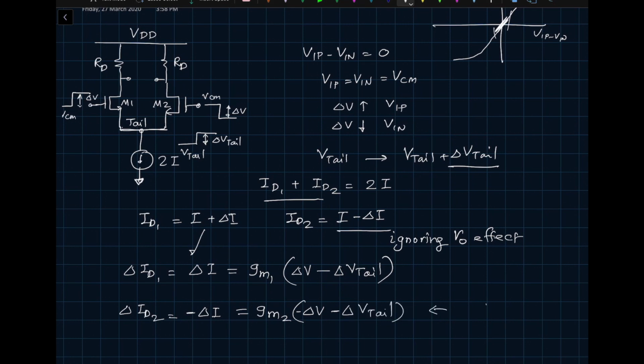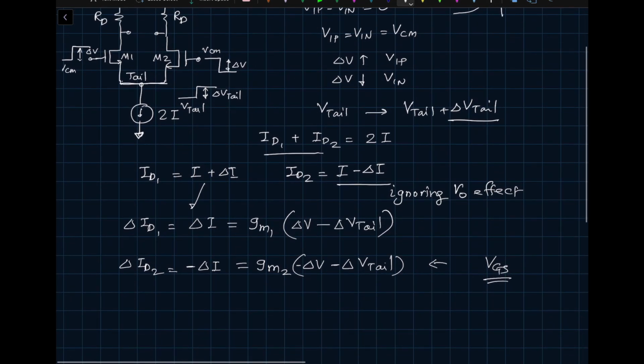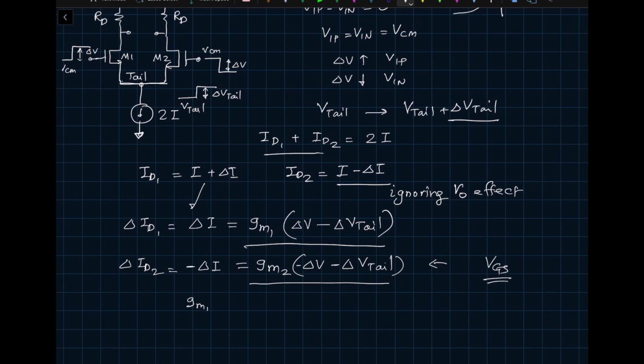Again, we are looking for VGS, gate change and source change. So we are treating the transistor as a transconductor of value GM. If you agree with that, then the two currents have to be equal and opposite, right? Since M1 and M2 are identical, we can say GM1 equals GM2 equals GM.